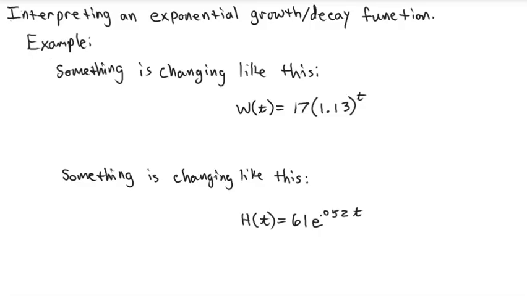It's important to understand first that exponential functions are typically a function of time. So time is usually the independent variable. And oftentimes we put the ending value on the left side. Instead of writing this is equal to W of t, we write the ending value is equal to the starting value times 1 plus r to the t power, okay?